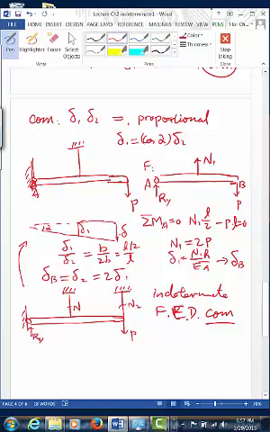So delta 2 moves proportionally to the delta 1 move. The elongations delta 2 and delta 1 are related by the same equation here. So the compatibility will be the same as we just read there: delta 2 will be twice delta 1.